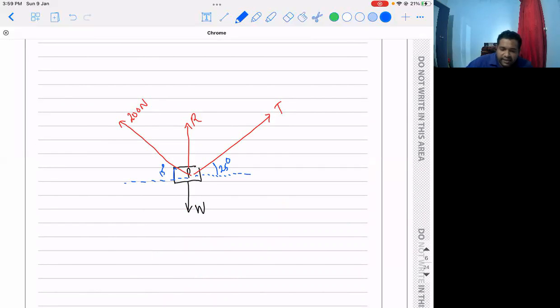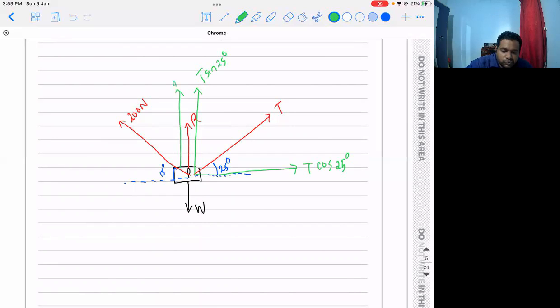The two components of T: one is acting like this, this is T cos 25 degree, and this is T sin 25 degree, correct? And similarly, what are the resolved components of 200?